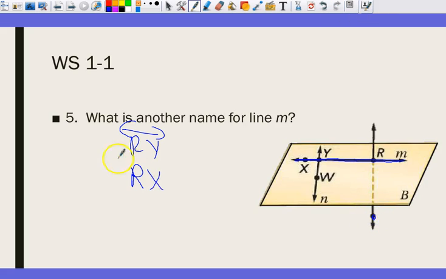RX. Okay, there's one more. No, not M. How about XY? Perfect. And you could switch these around, and it'll still be the same thing. Okay? Am I crazy? You look at me like I'm crazy. Okay. You're good now? Good.